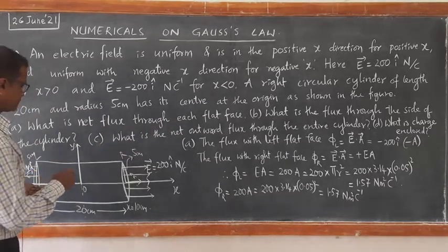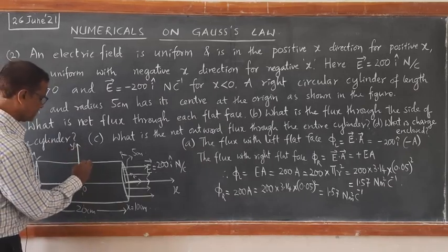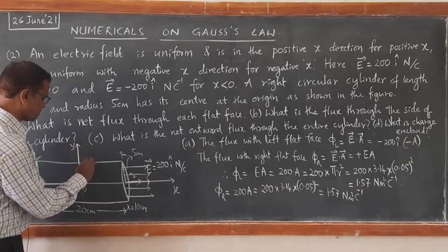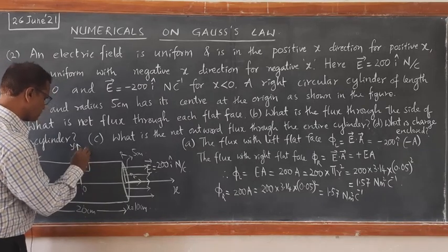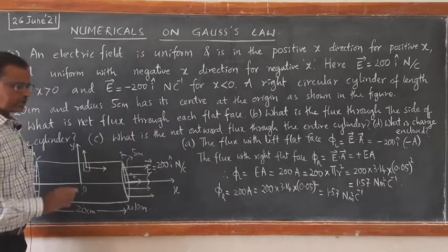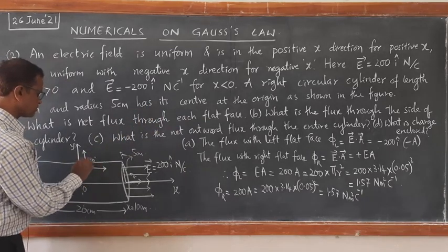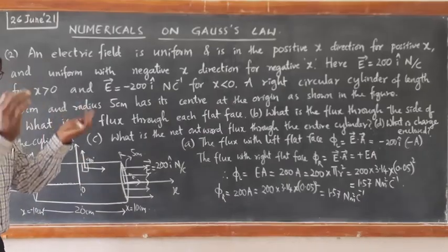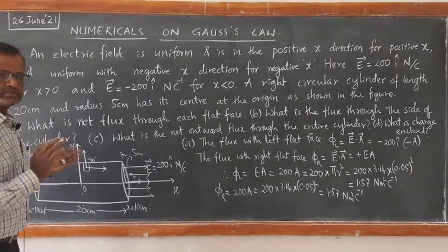Flux through the side of the cylinder means the cylindrical side of the cylinder. So, here if you take any small surface, the normal will be outward and the electric field is in this direction along the x axis. So, the angle between them is 90 degrees. So, the flux contribution by the cylindrical face is 0.